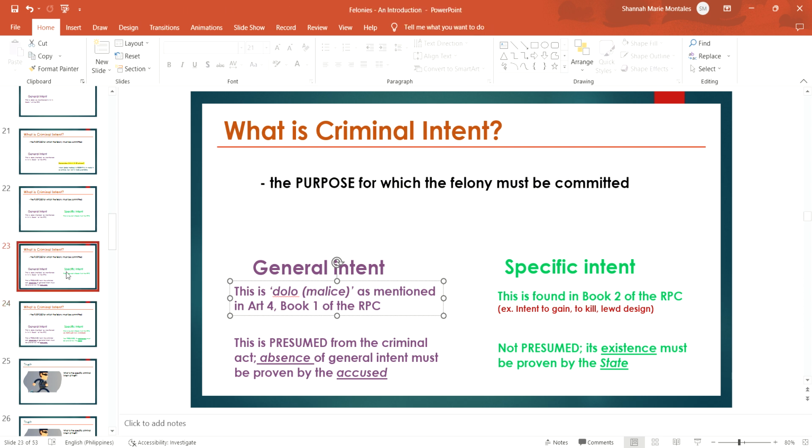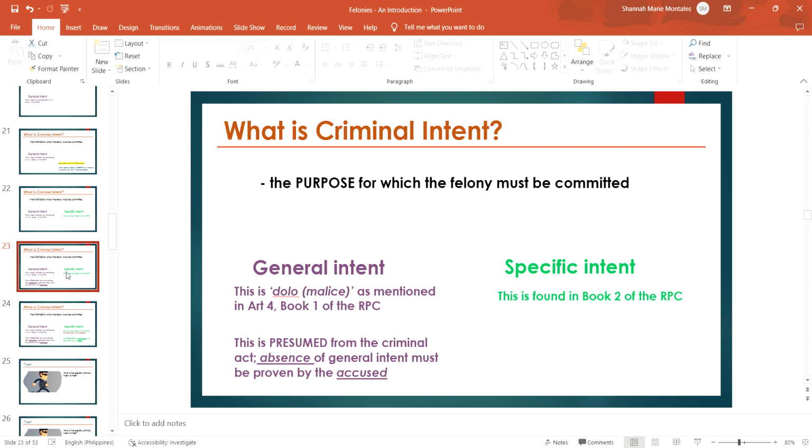Okay? Another distinction is, general intent is presumed from the criminal act. Ibig sabihin, pwede na natin siyang i-assume. Basta may ginawa kang criminal act, the presumption is, there is criminal intent. Okay? Kung sasabihin ng accused, wala po akong criminal intent as a defense, sinabi natin yan, di ba?